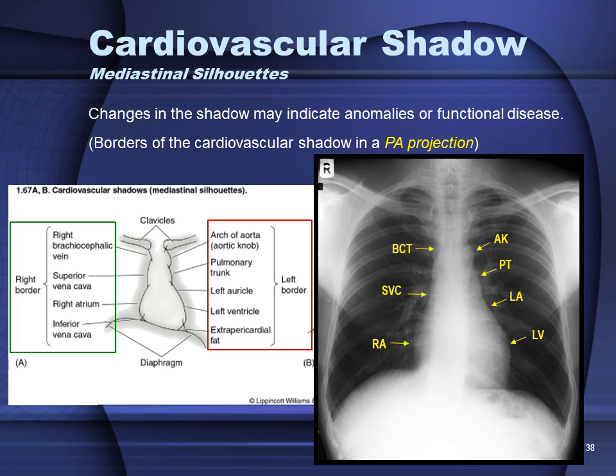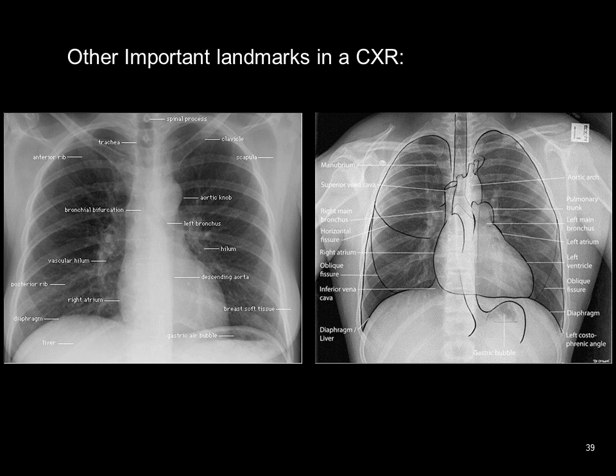These are some other chest x-ray films that I've placed in the presentation for you, and I've labeled some of the important landmarks such as the clavicle, some bony structures, the scapula, spinous process or spinal process of the vertebral bodies, the trachea, the radiolucency, anterior component of the rib.